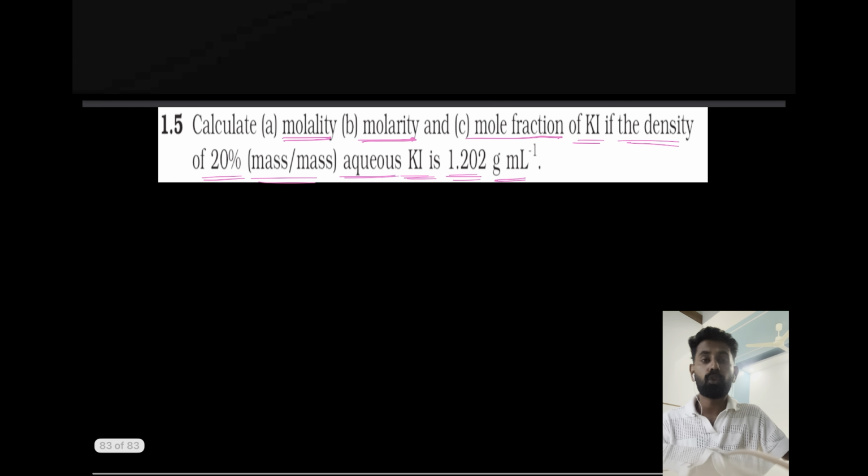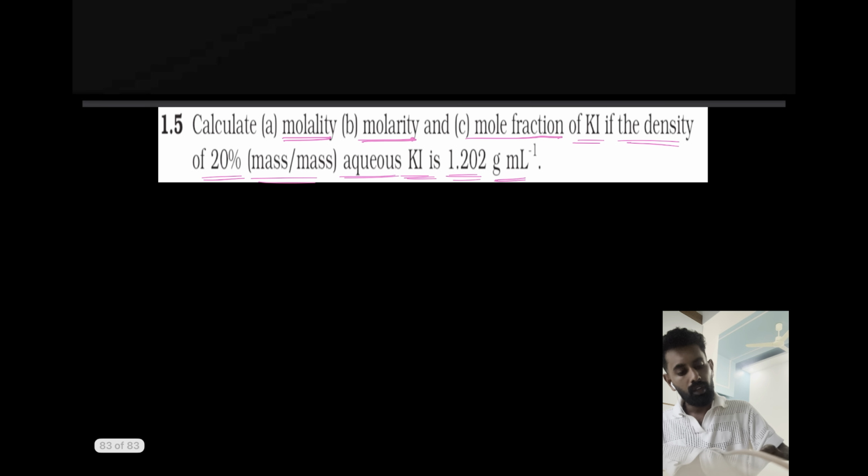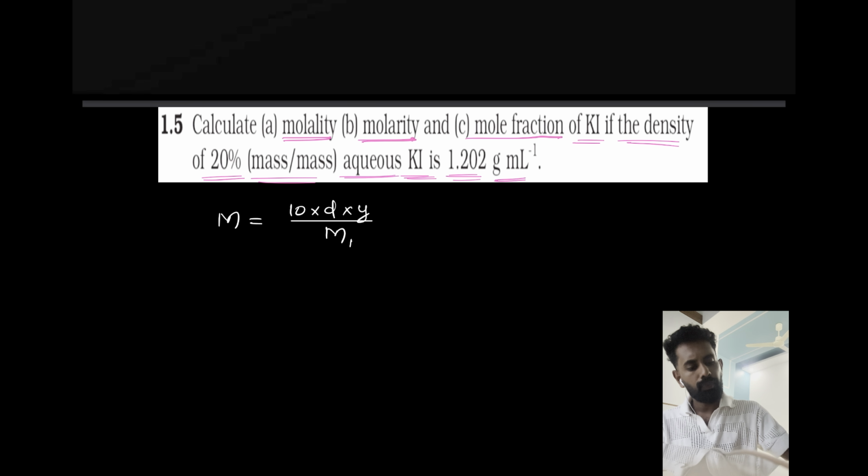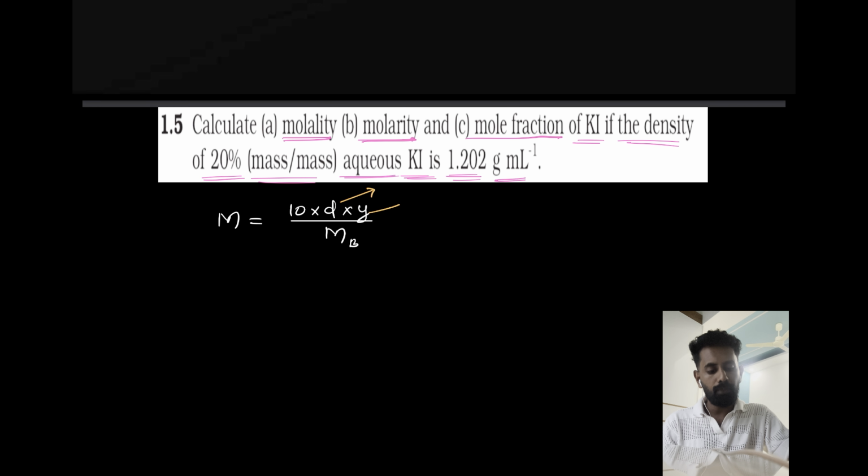Okay, you have to remember this equation. First of all, I am starting with the molarity. Molarity equal to 10 dy divided by molecular mass. Here d means the density of the solution, which is given in your question, y is the mass percentage of solution, and MB is the molecular mass of solute.